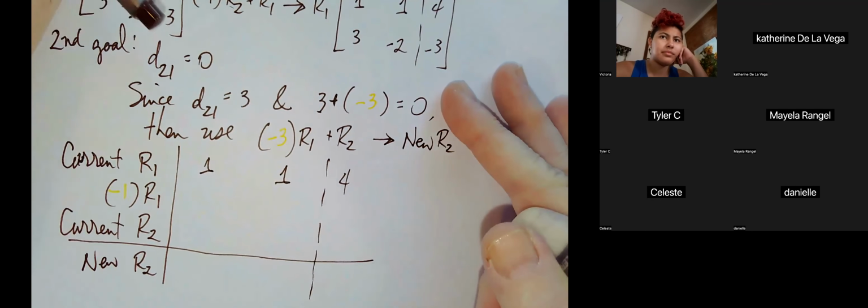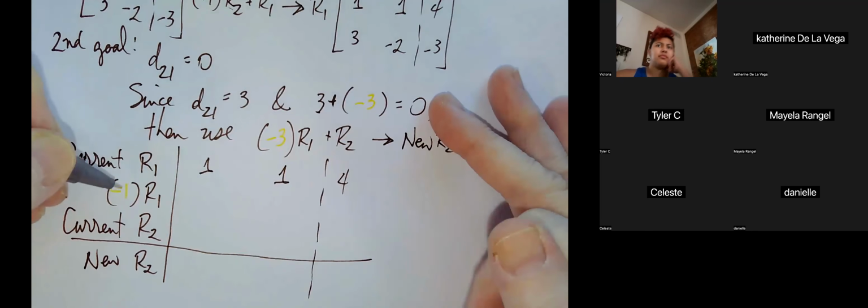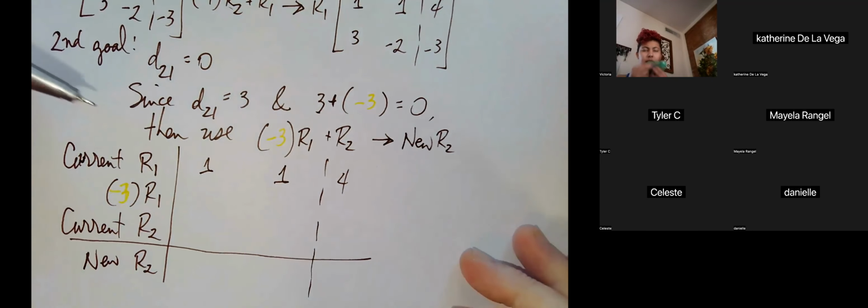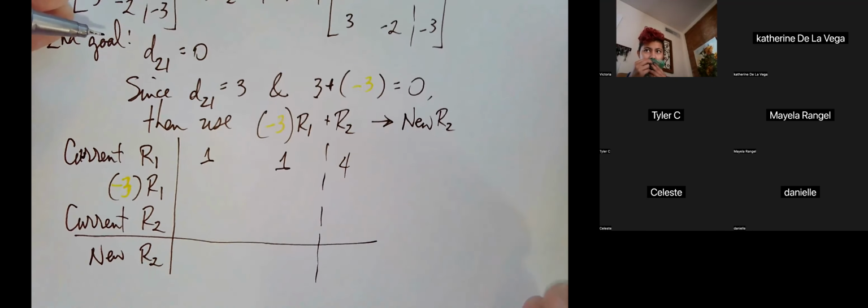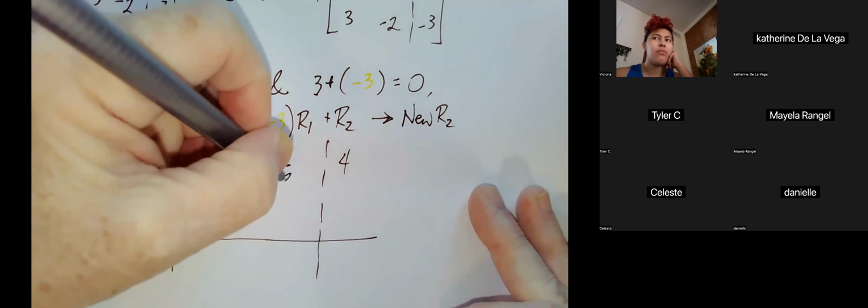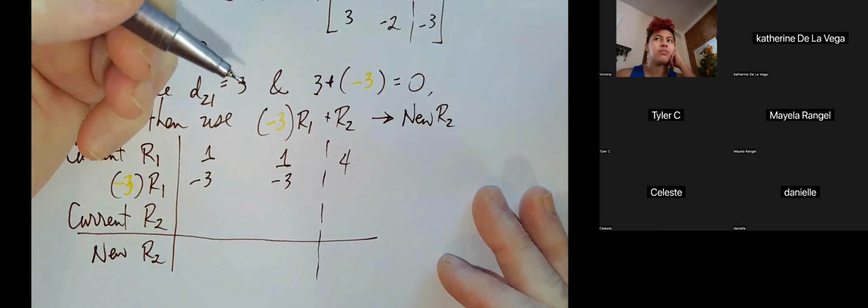It's negative; this should be a 3. What is -3 times row 1? It'd be -3, -3, and -12.